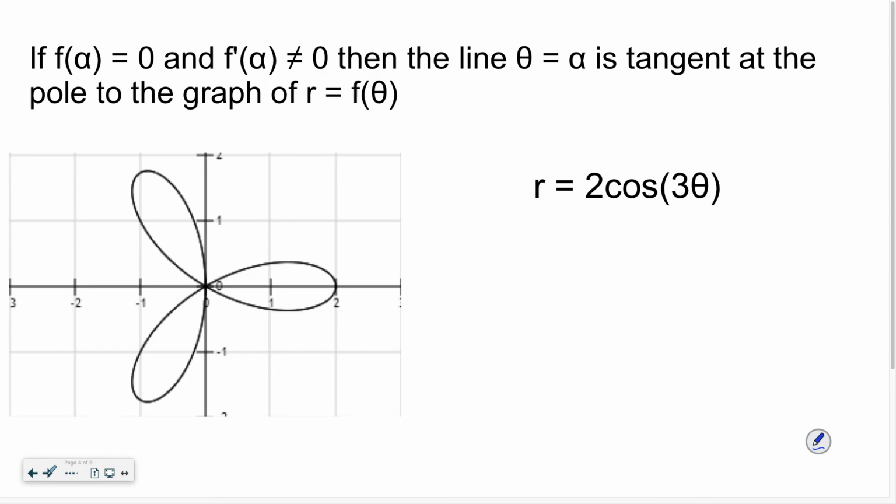It's saving you the step of having to find the derivative and write the tangent line equation. It's a special thing that happens. If r is 0, that means we're at the pole, and if the derivative is not 0, then your tangent line is that angle.